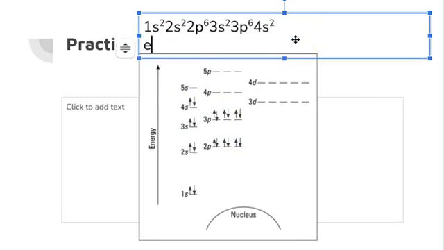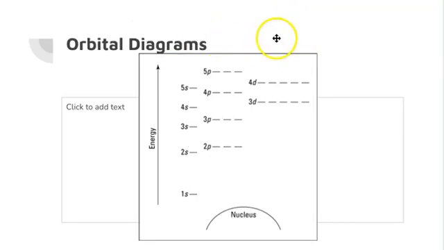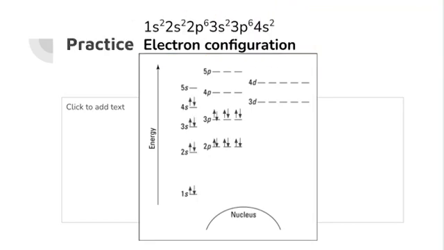So this is kind of the code for where the electrons can be found around a nucleus. Okay, so 1s2, 2s2, 2p6, 3s2, 3p6, 4s2. That's the electron configuration.